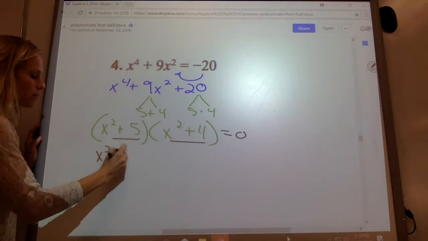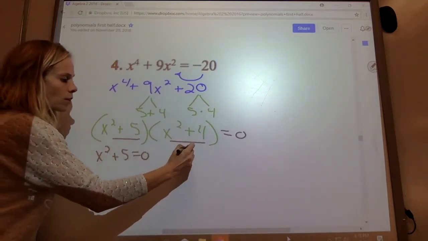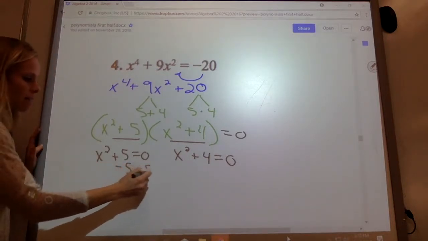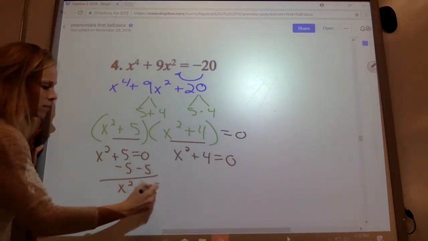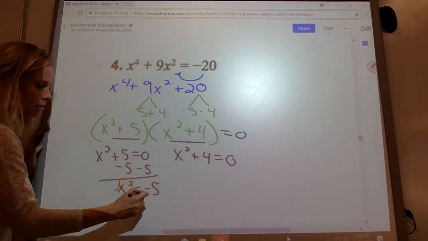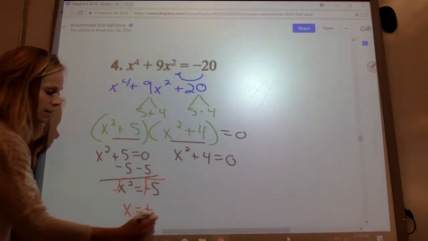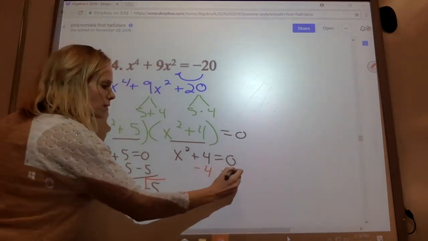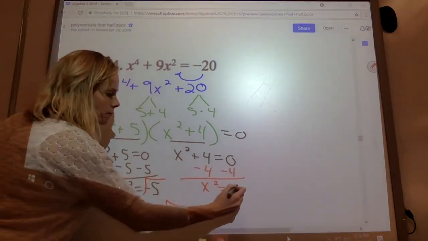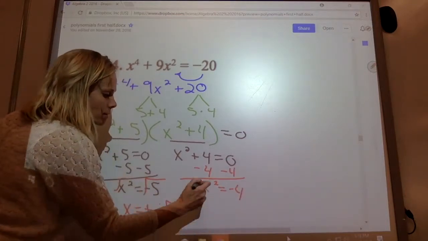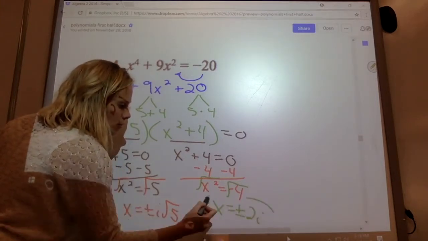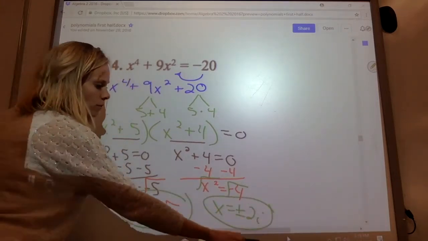So x squared plus 5 equals 0, or the x squared plus 4 equals 0. Subtract 5, square root both sides. I should recognize I need to take out an i. So plus or minus i root 5. Again, subtract 4. Square root both sides, take out an i, and I get plus or minus 2i. So there's my 4 roots.